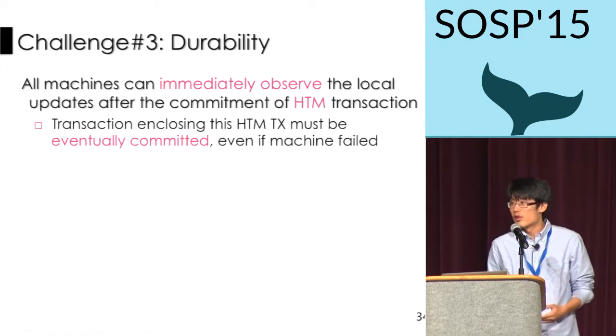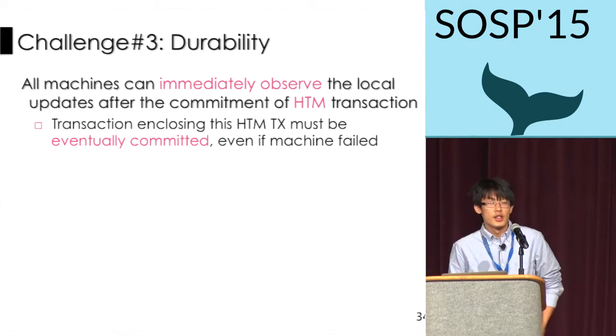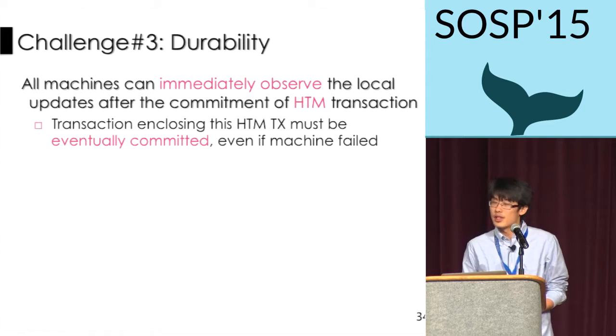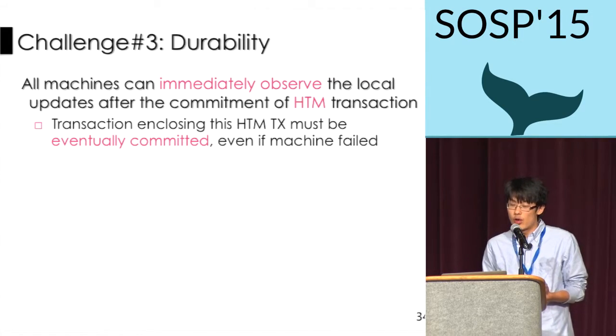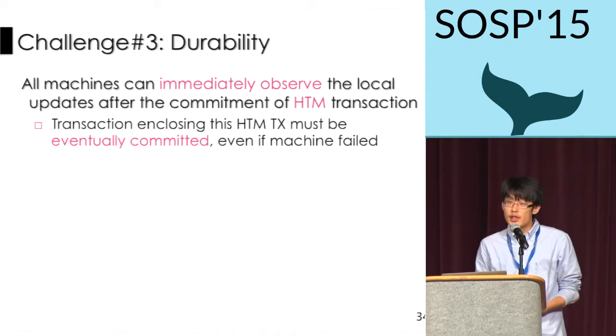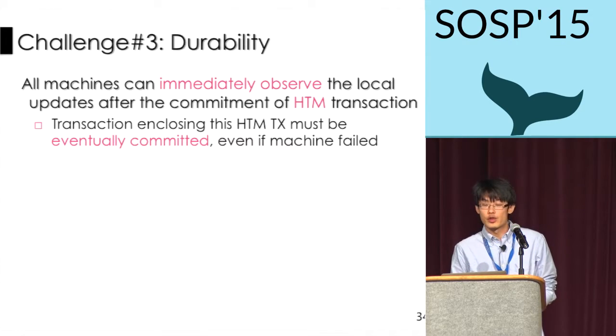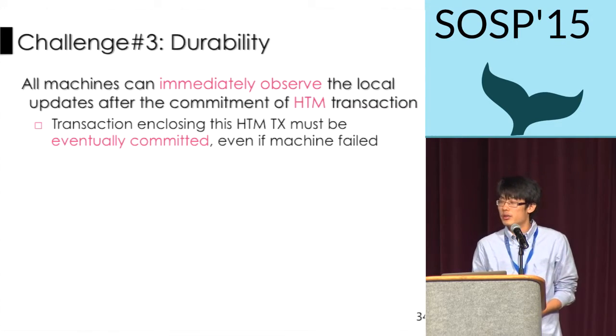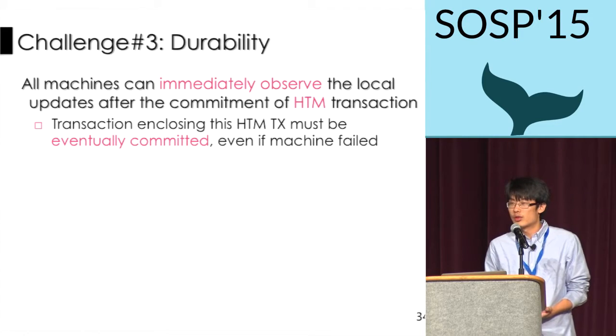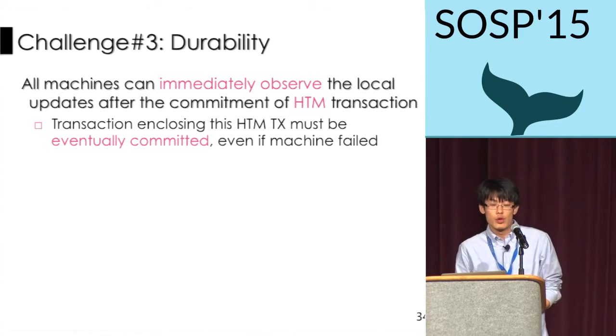There are some challenges of supporting durability using our concurrency control scheme. First, we are using HTM transactions to execute all the transactions, so once an HTM transaction commits, the results of the transaction can be observed by other machines. So we have to make sure that once the HTM commits, the transaction's results will eventually be committed, even if there is a machine failure.